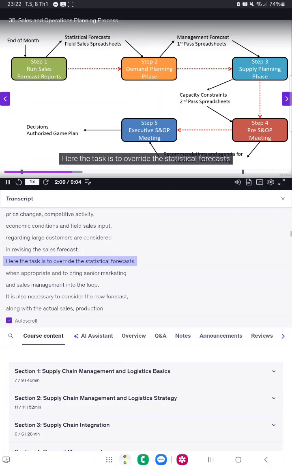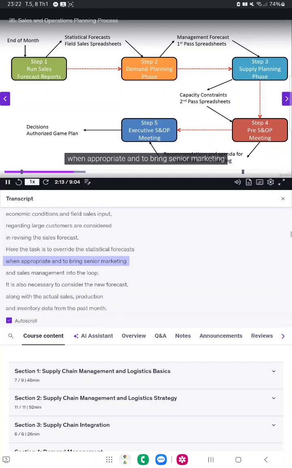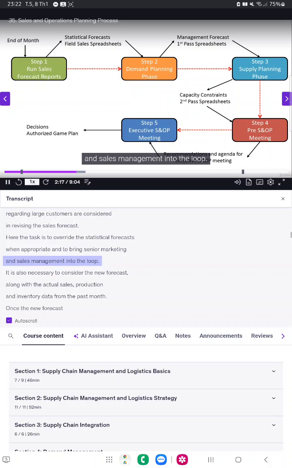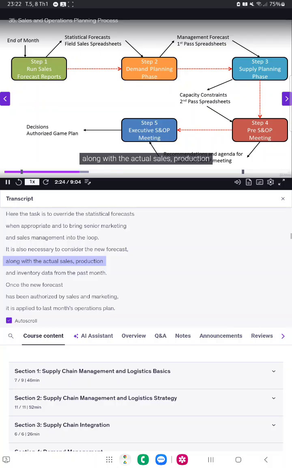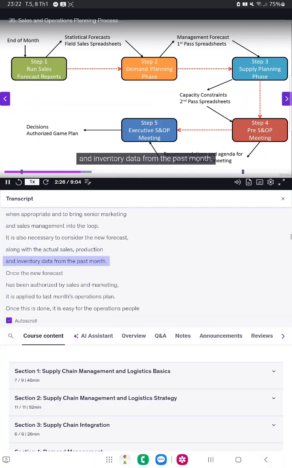Here the task is to override the statistical forecast when appropriate and to bring senior marketing and sales management into the loop. It is also necessary to consider the new forecast along with the actual sales, production, and inventory data from the past month.